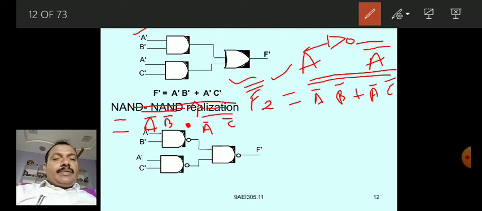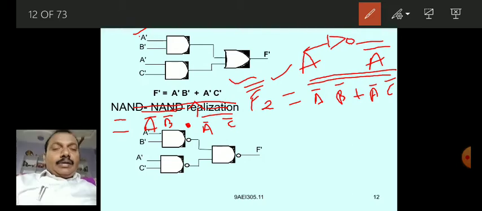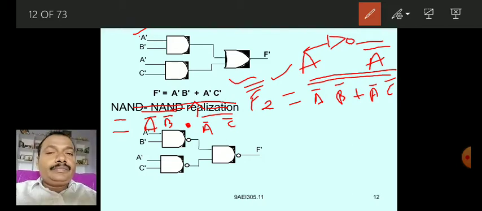So this is the Boolean expression which is suitable for implementing with NAND gates only. That is the idea, using NAND gates only.